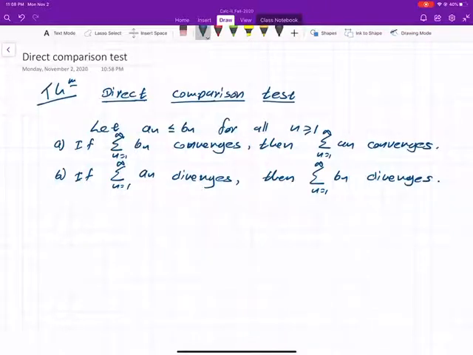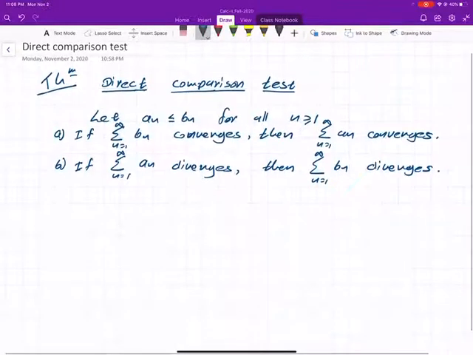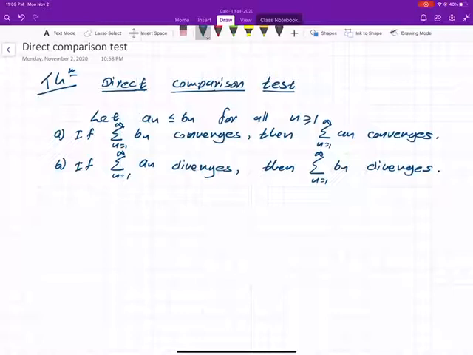All right, so this is the direct comparison test. This is a very straightforward theorem. Anybody can understand this theorem. Let me explain this theorem a little bit.